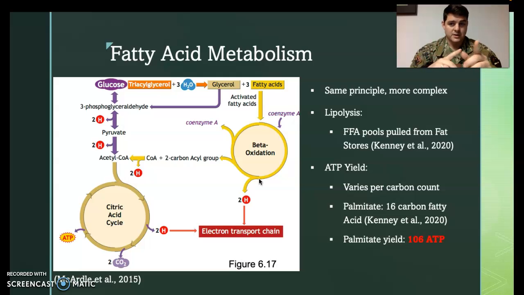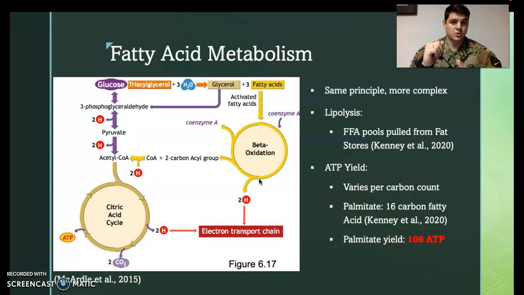Once the glycerol is broken down, it moves over to the glucose pathway, going through that same process of glucose metabolism we talked about earlier, while the 3 fatty acids will go through something called beta oxidation.